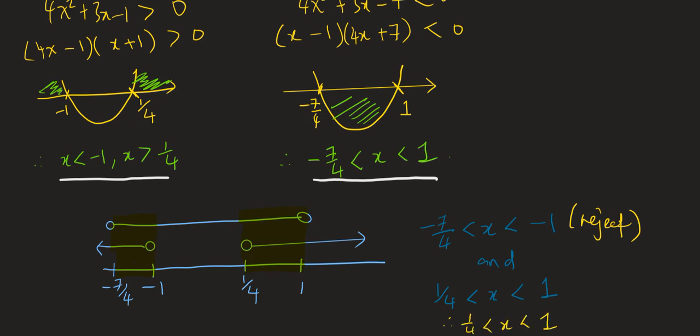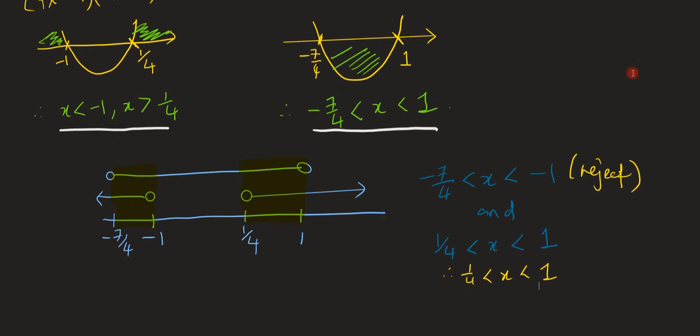Okay, any negative region, we must reject it. For example, if let's say we solve this inequality and we get this range, and because we reject the negative portion, our final answer will be like this. Okay, I basically reject the portion which is less than 0.